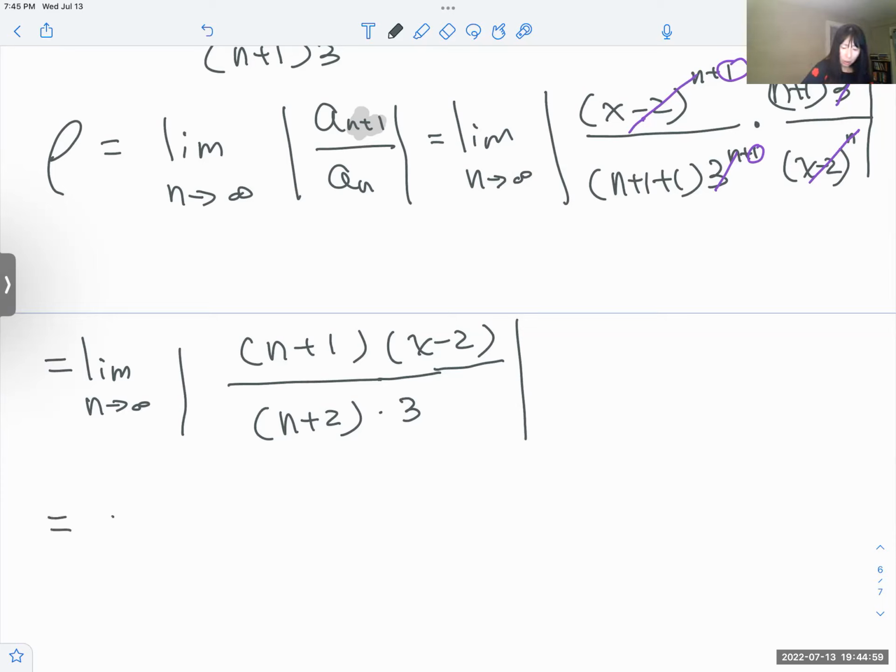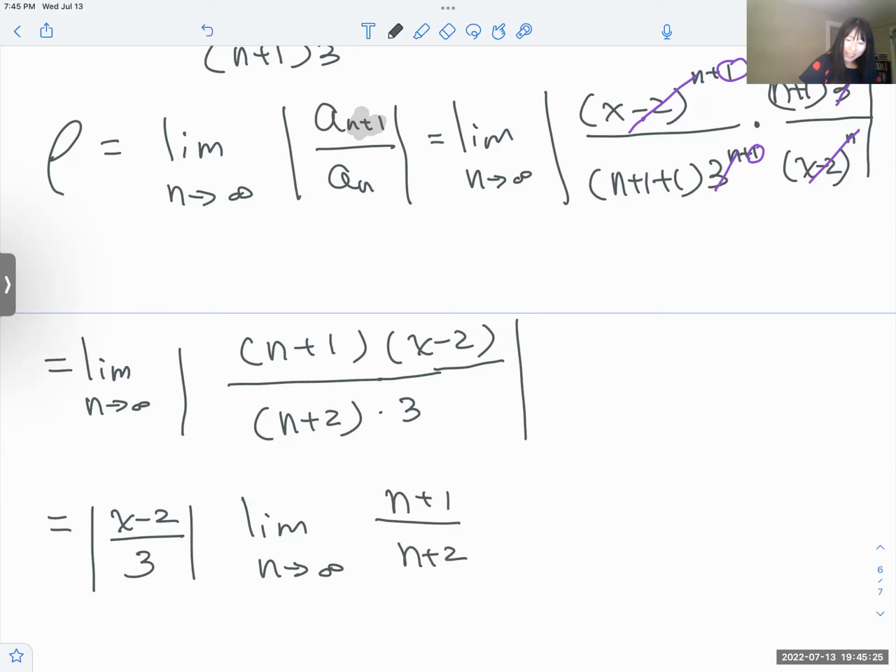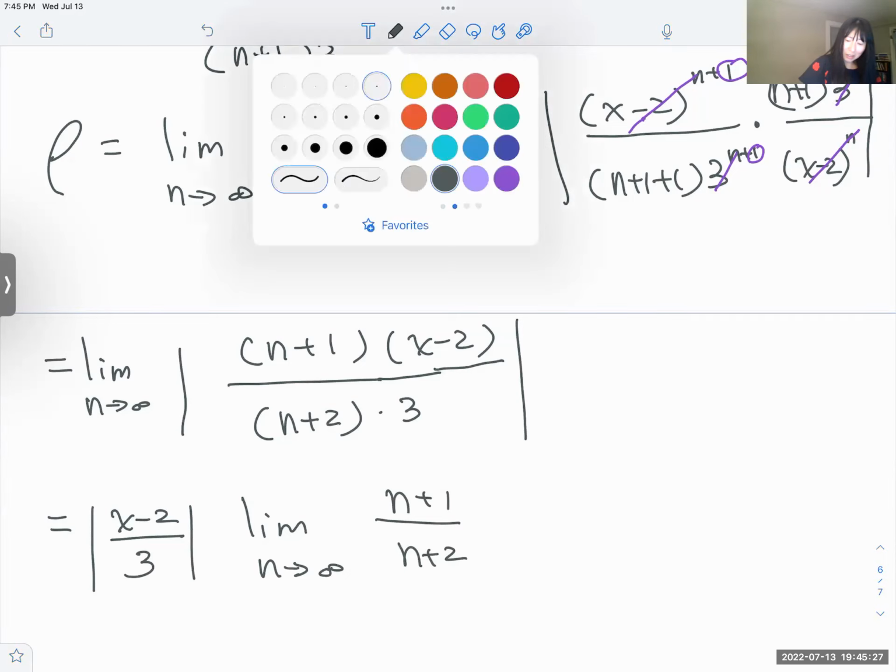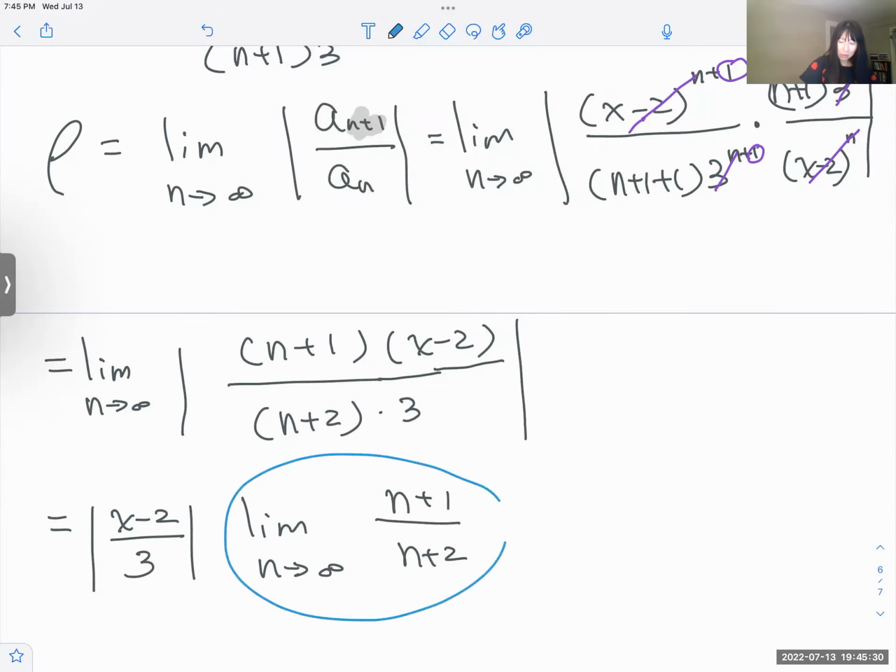So the absolute value of x minus 2 over 3. Okay, now take the limit when n approaches positive infinity, we have n plus 1 over n plus 2. Now we can get it, right? What do you get for this one?